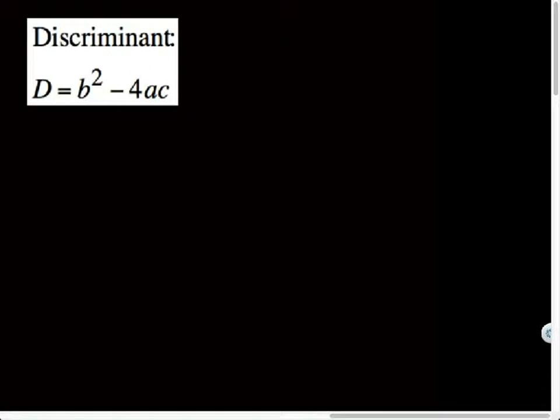Let's see what's inside. This part right here is called the radicand of the quadratic formula, right? That was the inside of the square root, like we were just saying.